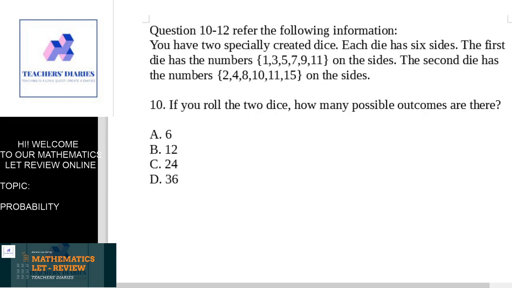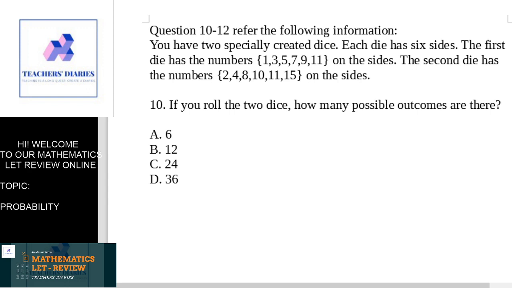Number 10. For questions number 10 to 12, refer to the following information. You have 2 specially created dice. Each die has 6 sides. The first die has the numbers 1, 3, 5, 7, 9, and 11 on the sides.